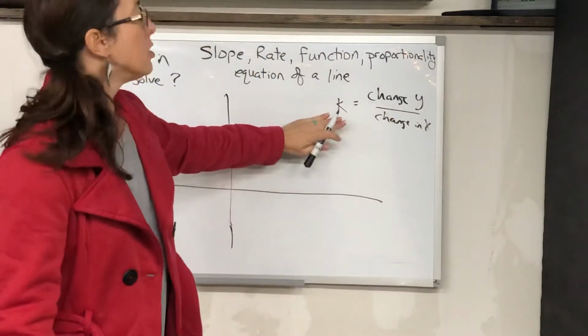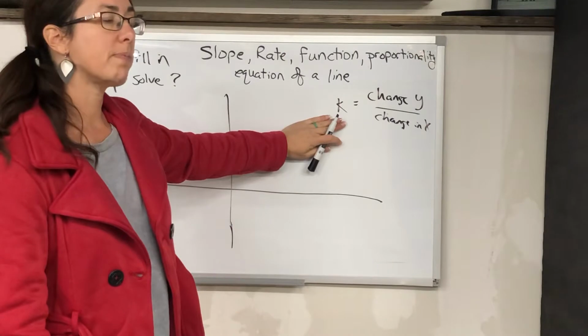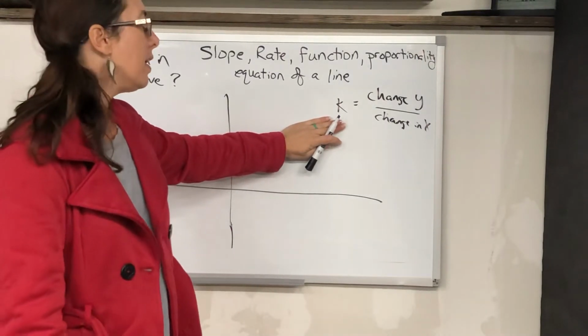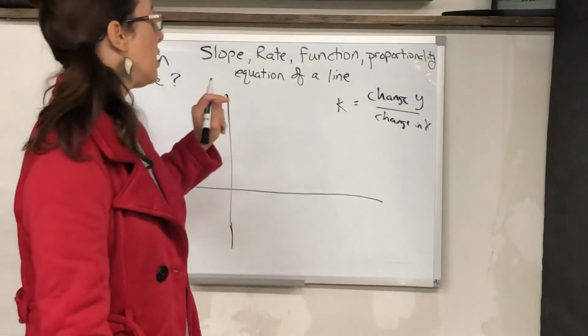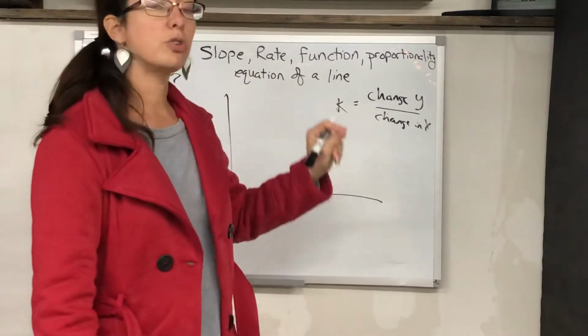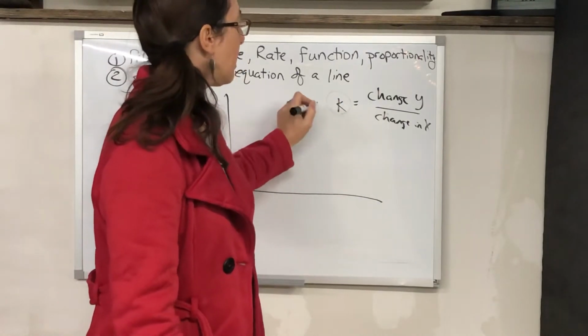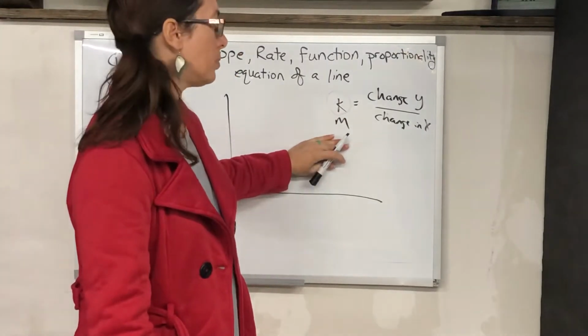Okay? So this can be said as a constant, in algebra, when they talk about it as a constant of proportionality. They also talk about it as your rate of change. Okay? It is also called your slope. So this little k right here will be changed to an m if they're calling it slope.